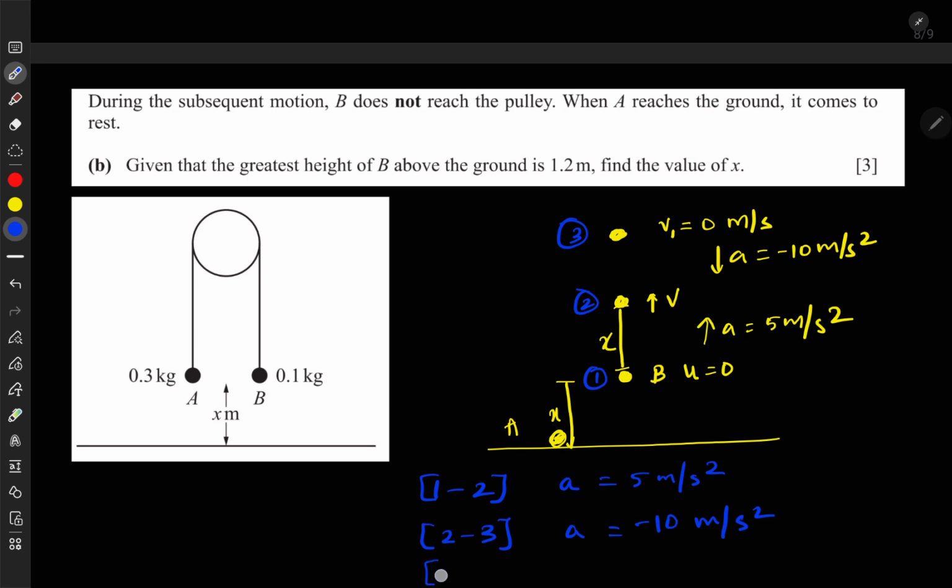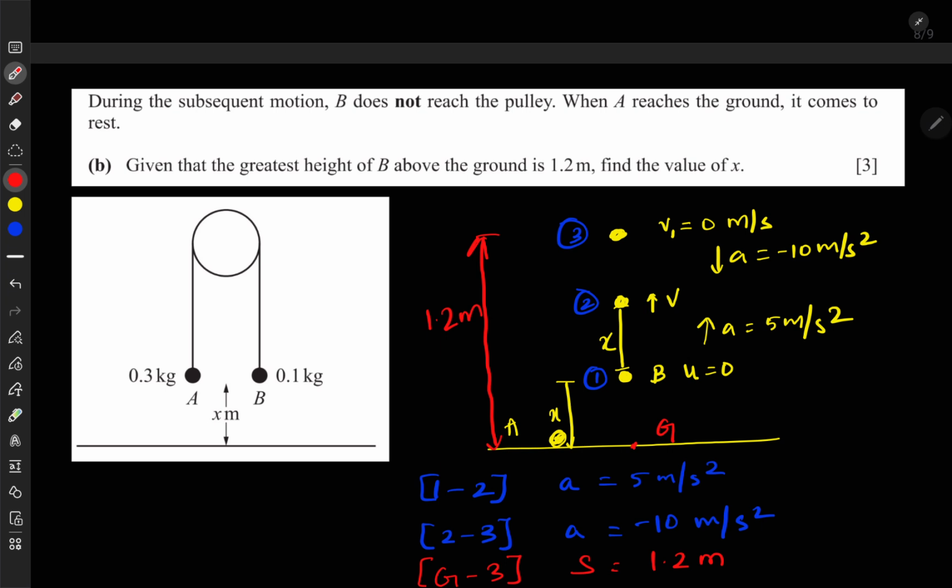And from 1 to 3, if you talk about the distance, the total distance is 1.2 meters, students. And from the ground, this is g, right? Okay, I'm placing it as g. I can say g to 3 is s, that is the displacement is 1.2 meters.